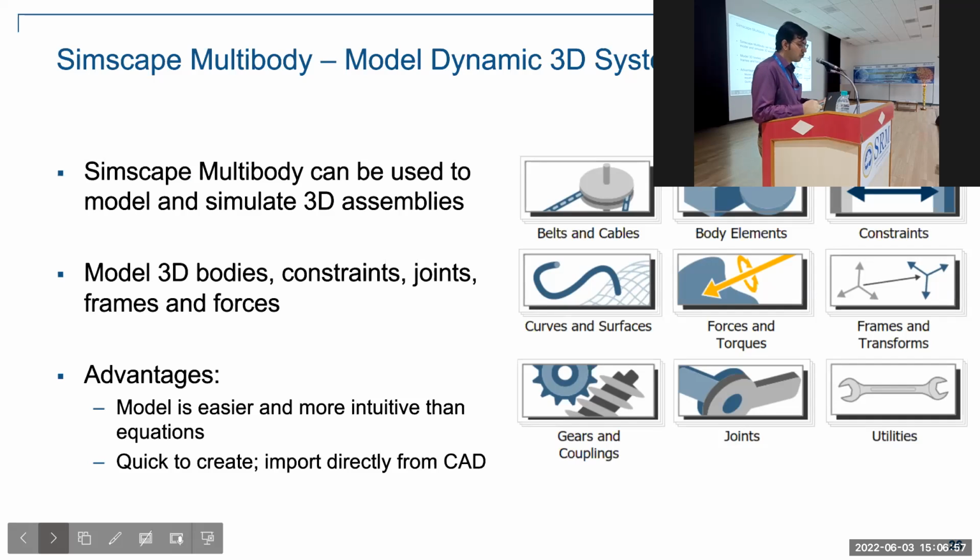This is just for robotics, but there are other things also. There are belts and cables, different sorts of surfaces. You have different forces and torques that you can apply. And if necessary, you can build CAD models of everything, bring them into an environment and connect them together. So Simscape Multibody is a tool that can help you do that.